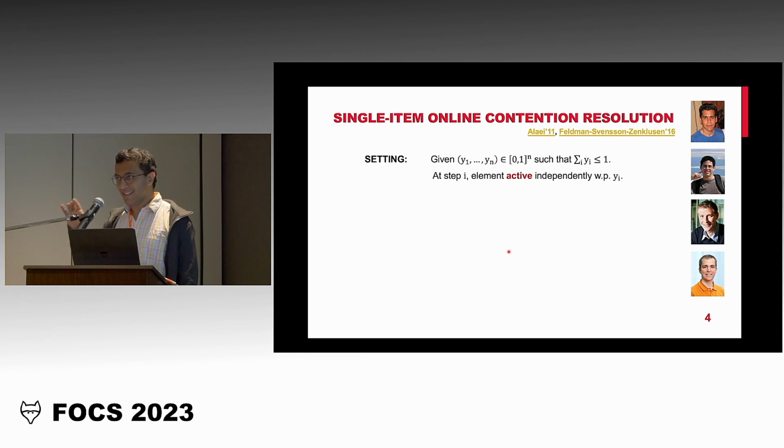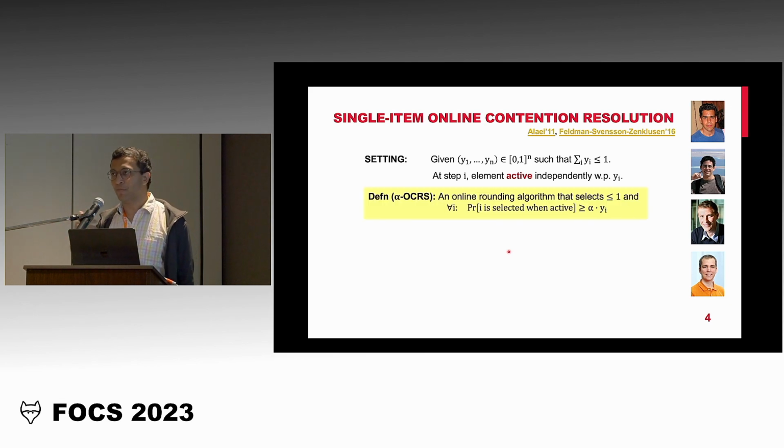The crucial thing is that the summation of yi, because of the LP relaxation, I can assume is at most 1. So on average, only one of them is going to be active. But because these are independent random variables, sometimes 2 of them show up, sometimes 3 of them show up, and sometimes none of them shows up.